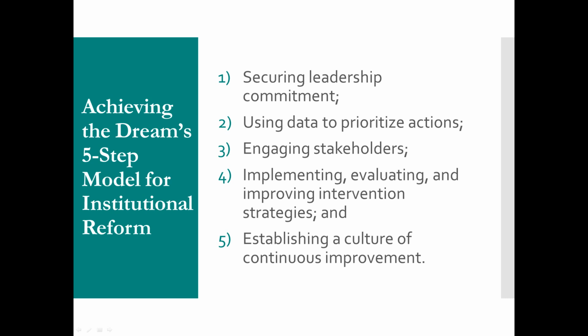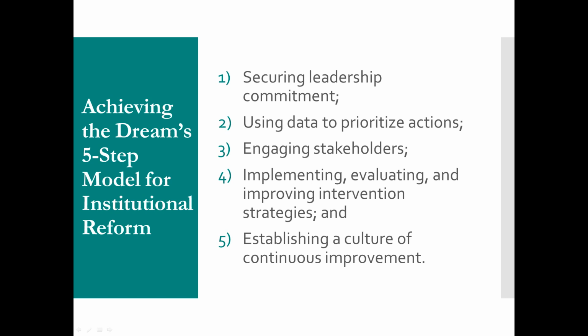So data is an important piece of this model, and the thinkers believe all institutional changes should be student-centered and lead to student success. For student outcome tracking, Achieving the Dream promotes the use of cohort-based, longitudinal, student-level data.